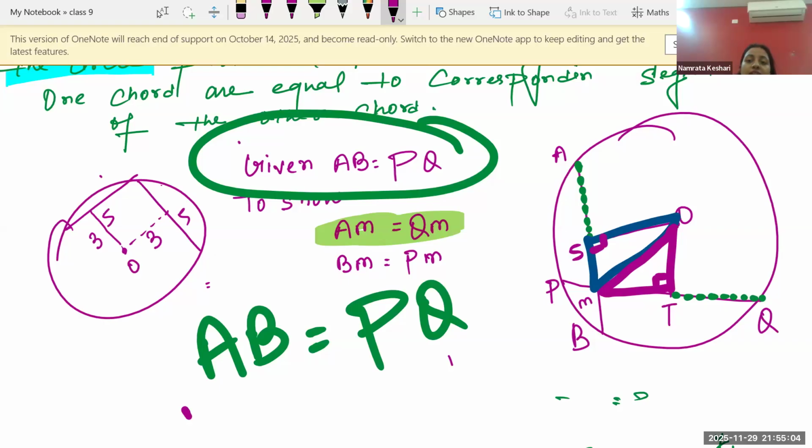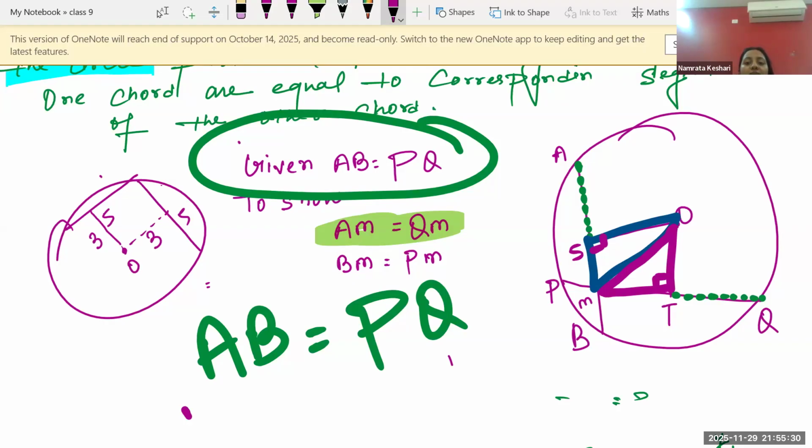Okay, so this distance OS and this distance OT are perpendicular distances. In the first class I was talking about distance meaning perpendicular distance. In the coordinate geometry chapter also you have learned, if a point is there, you have to draw a perpendicular on the x-axis and on the y-axis. So distance means perpendicular distance. Equal chords are equidistant from the center.